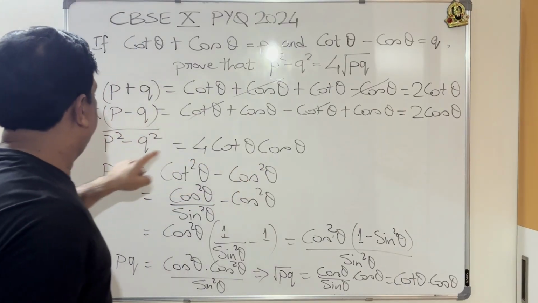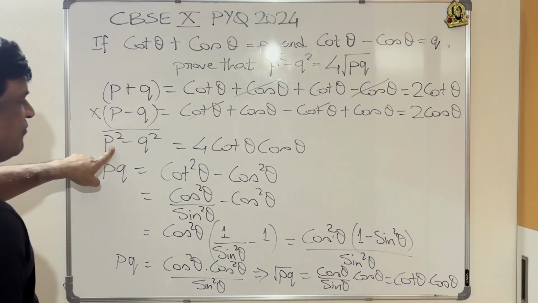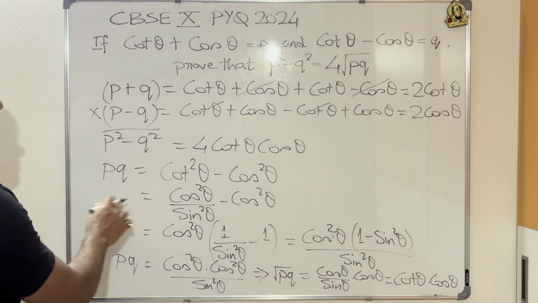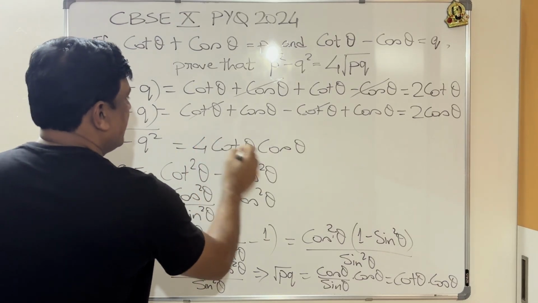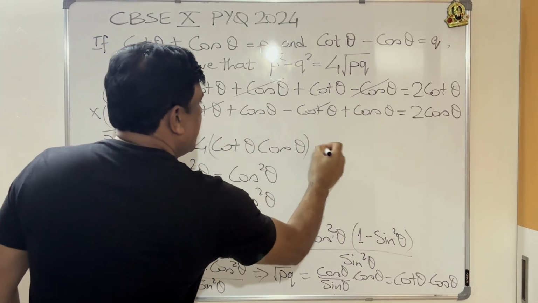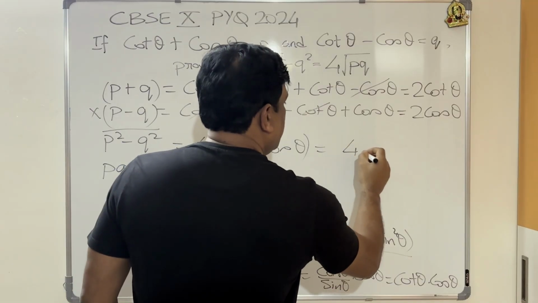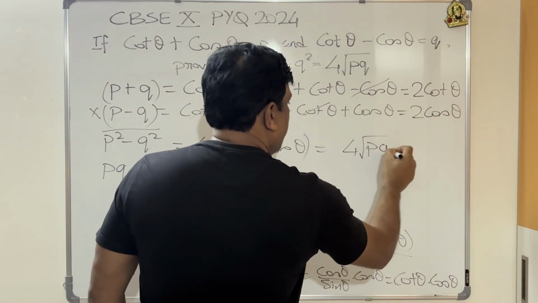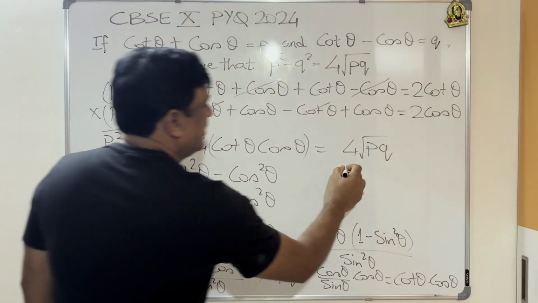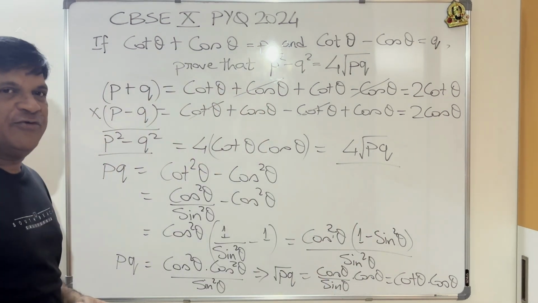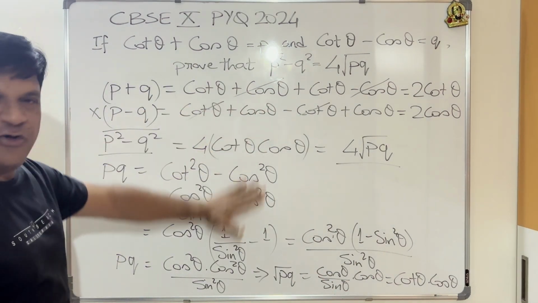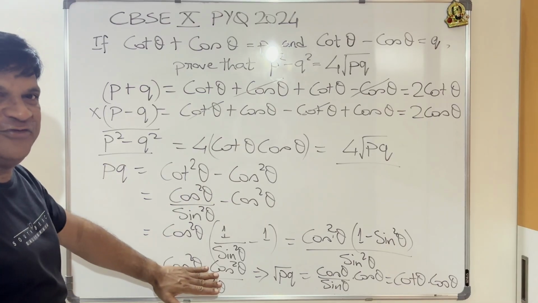So what do you have? You have proved that P square minus Q square. Can I go ahead and replace this one as 4 under root of PQ, and hence proved. P square minus Q square is equal to 4 root PQ. You get the answer? You understood the concept? This is how you do these problems. Okay, great.